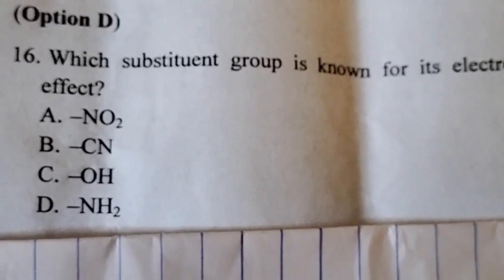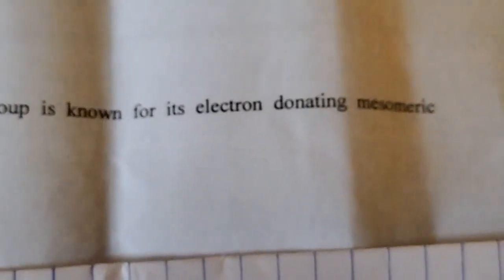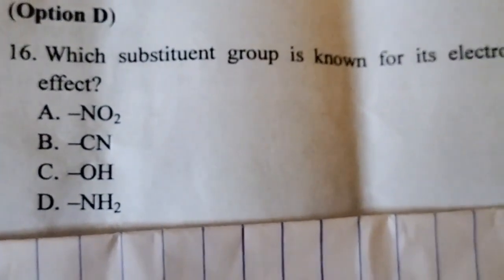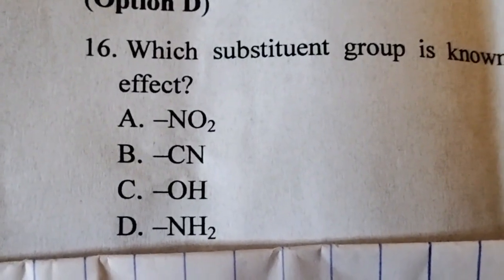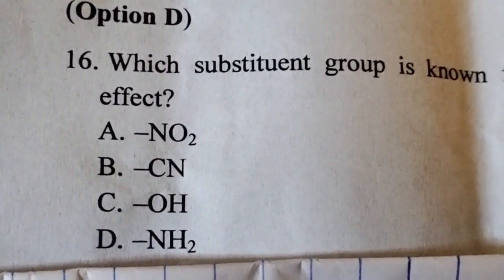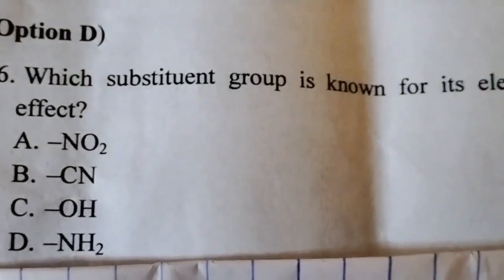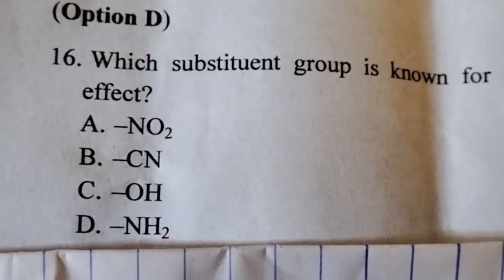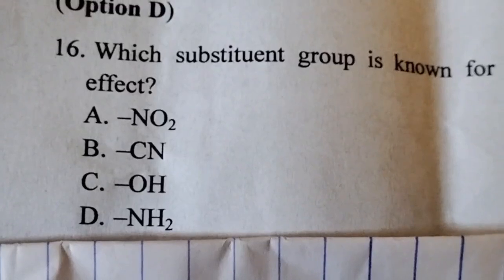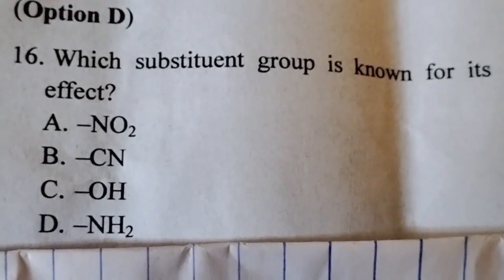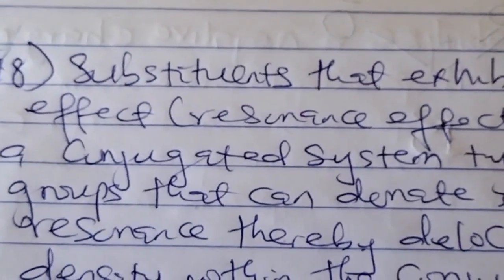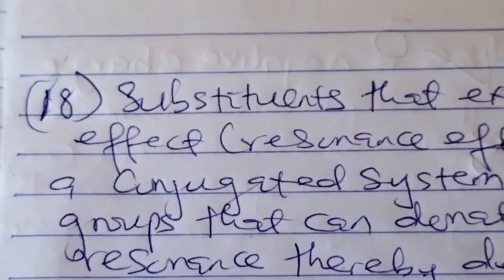The amino group, option D, donates electrons and leads to stabilization of molecules. Rather, option C, the hydroxy group, the lone pair of electrons is on oxygen. This option C, hydroxy, is an electron donating group. So the answer to number 16 is option C.